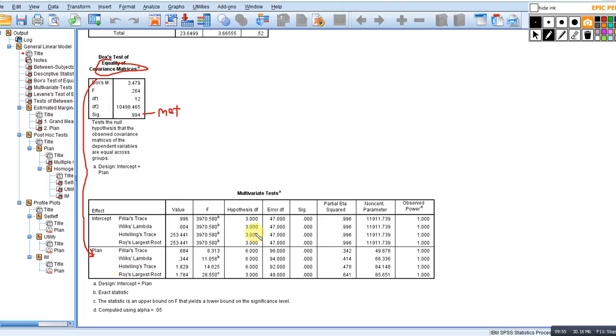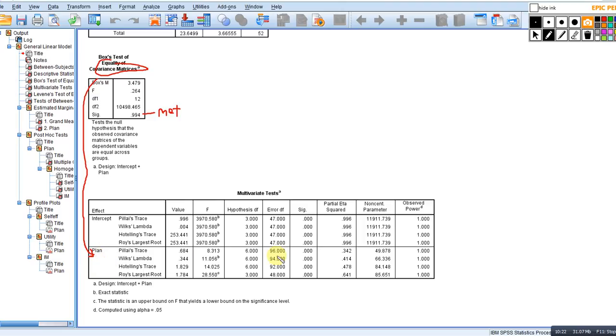A violation of this assumption could lead to an increase in type 1 or type 2 error, depending on the nature of the violation. At any rate, it appears that our assumption is met, at least by virtue of this statistical test. So we would infer that our results are reasonably trustworthy.